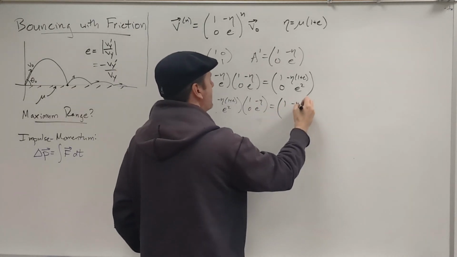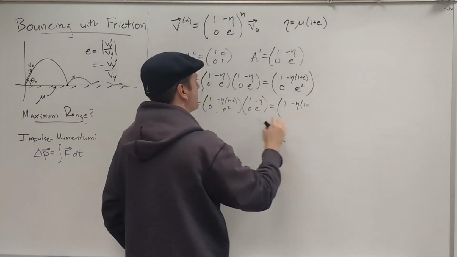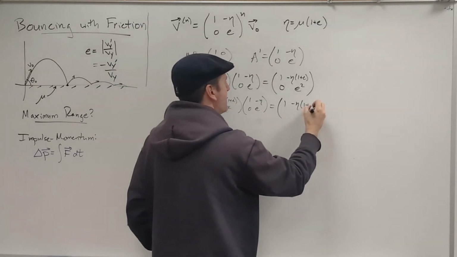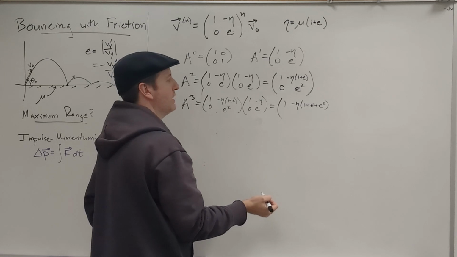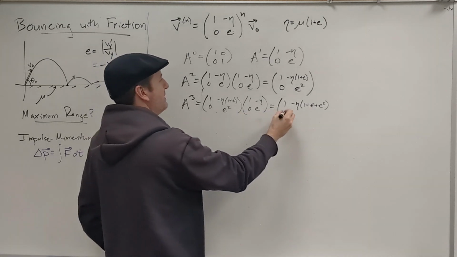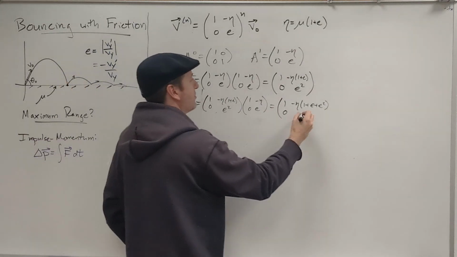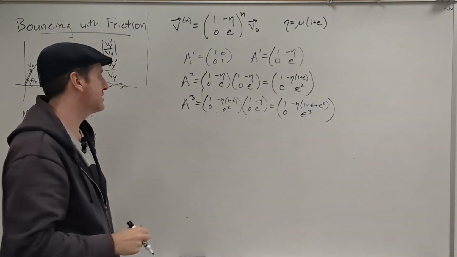So that's minus eta times the 1 from here plus e times 1 plus e. That's e plus e squared. Okay, this lower left is going to be a 0. I'm starting to think that that's always going to be 0, and it is. And this lower right is going to be e cubed. I'm starting to think that's going to be e to the n, which it is.